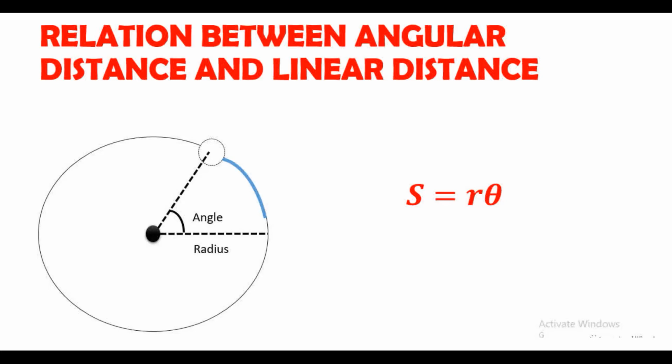Here s represents the linear distance, r represents the radius of the circle, and theta represents the angle, or in other terms the angular distance. So the linear distance is equal to radius times angular distance. With the help of this equation we will be able to define some other physical quantities and their relations.